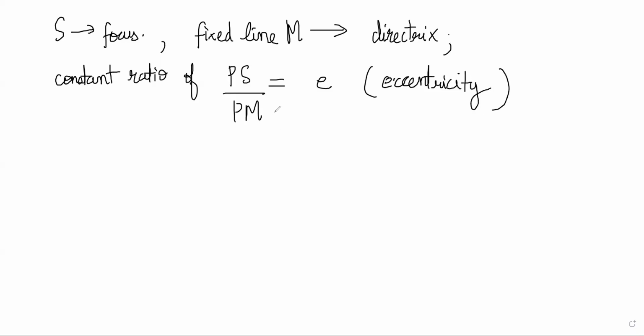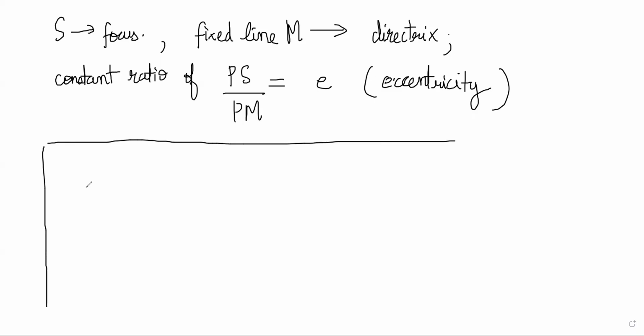And these facts are true for all conic sections. Now, there are some cases that we will encounter as we go along in the course, and we will understand them. But I will just list down the different cases here.